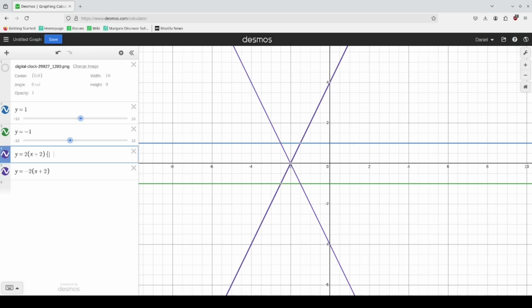And in this case we want for x to be between -2 and this point is -1/2. And we can copy the same inequality in here.